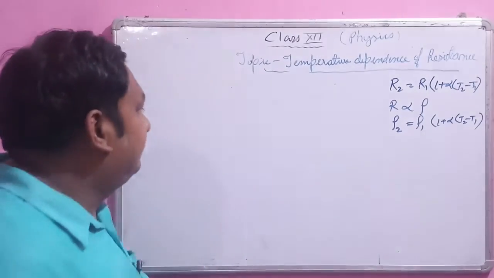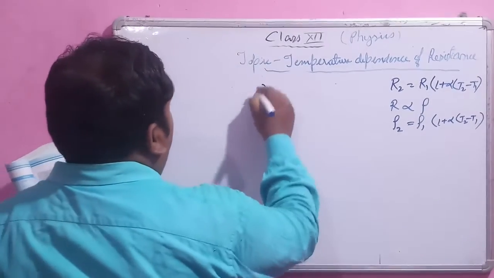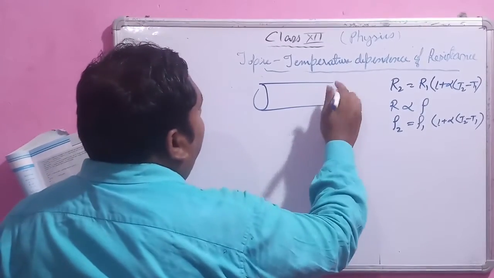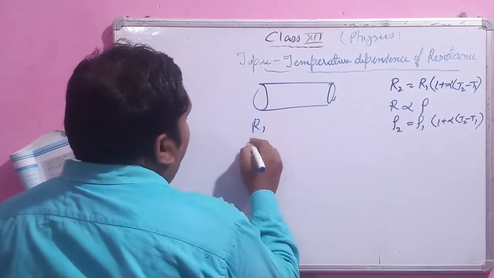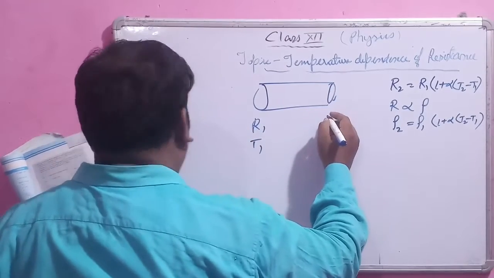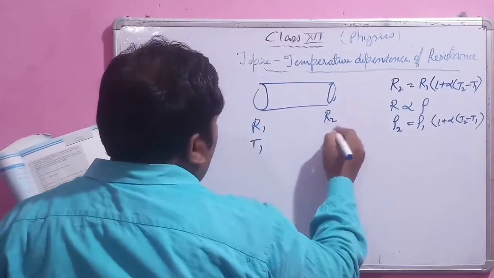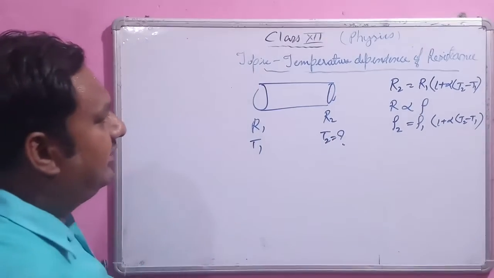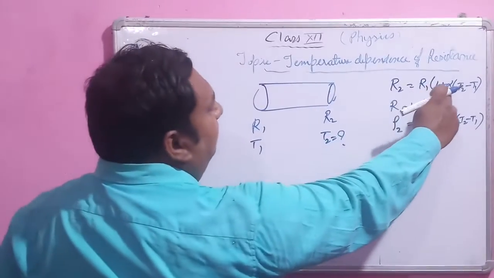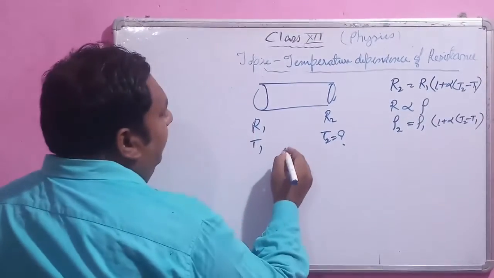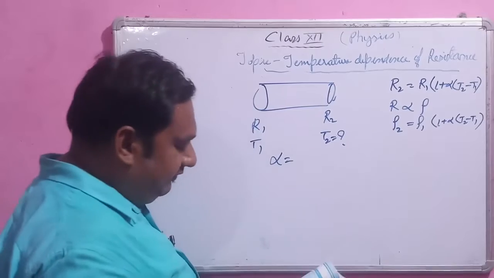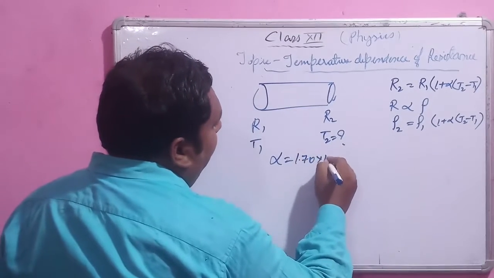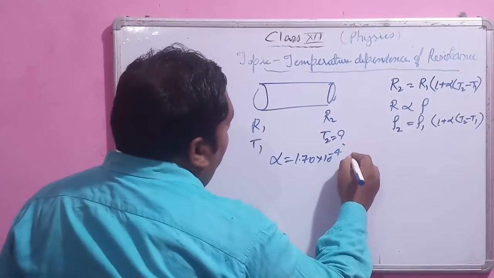So in this question, suppose this is a conductor, they are giving R1 and T1, and here they are giving R2 and T2 is asked. We know the relationship R2 equal to R1 into 1 plus alpha into T2 minus T1, and the value of alpha is given, 1.70 into 10 raised to power minus 4 per degree Celsius.